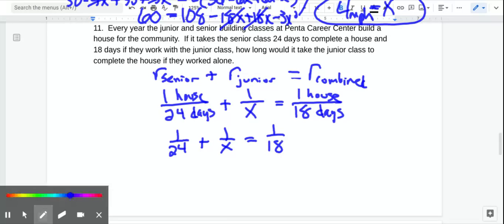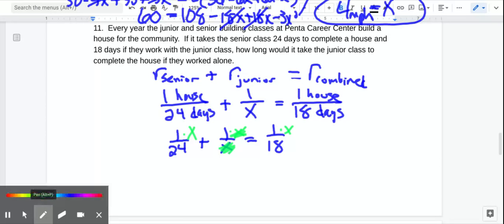Okay? So now that we've got this set up, we can solve it like we've been doing. I definitely want to multiply everything by x so that these go away. And then 24 and 18. Is there going to be a common denominator between those? I don't really know. It doesn't really matter.